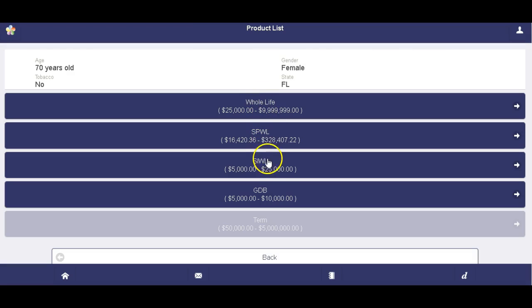Okay. The product that we're looking at is, excuse me, simplified issue whole life. 5,000 to 25,000. Now they also have a graded death benefit. Okay.